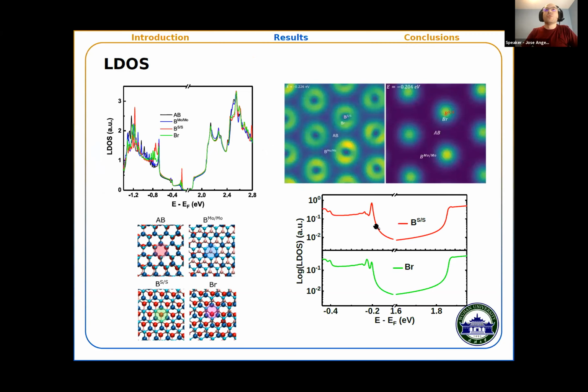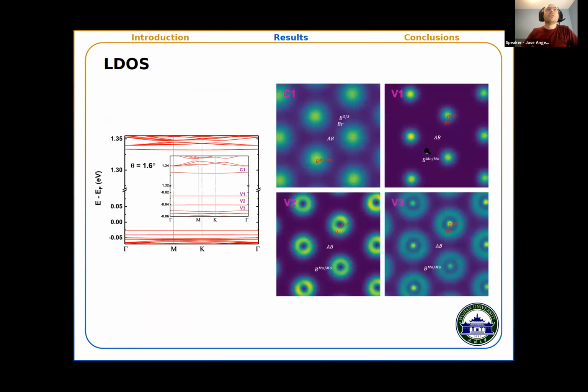We can also do a mapping, which would be similar to what experimentalists get with STM measurements, and we would see the same information, but in, I think, a nicer way. So we can see how the flat bands are localized in the BSS. We can do this same calculation for any of the angles and for any of the energies.